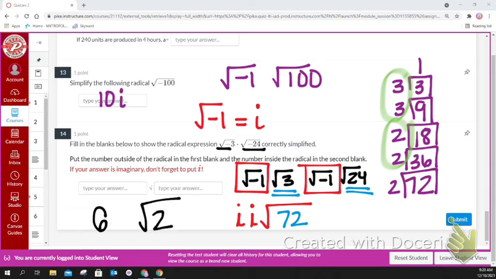Okay, but we didn't do anything with this i times i. So i times i is equal to i squared. And does anybody remember what i squared is equal to? i squared equals negative 1. So these are your 2 rules that you need to have on your cheat sheet.